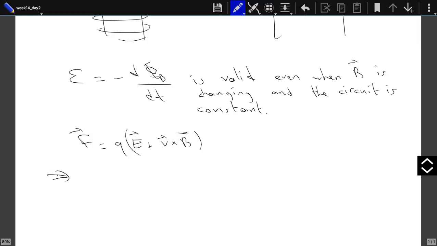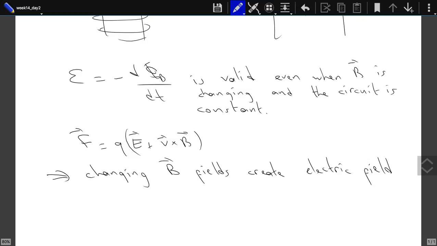So basically our conclusion is that changing B fields create an electric field. Before, we had seen that electric fields are created by point charges, but now there is an alternative source of electric fields: the changing magnetic fields create this electric field.